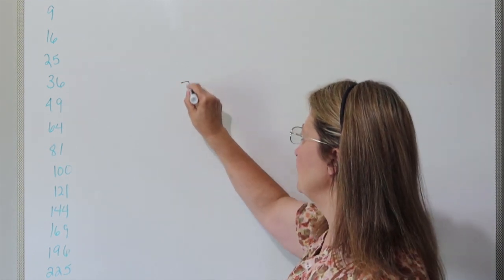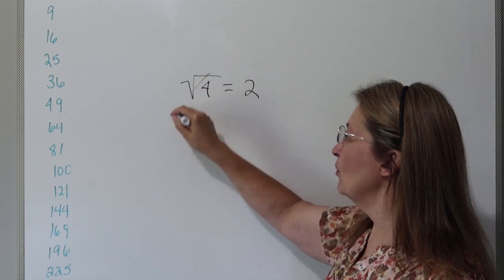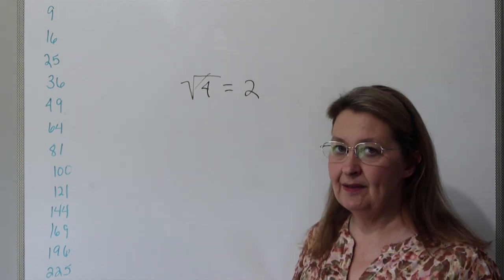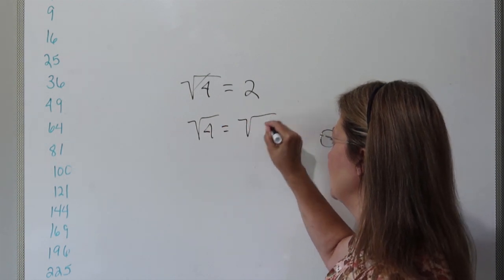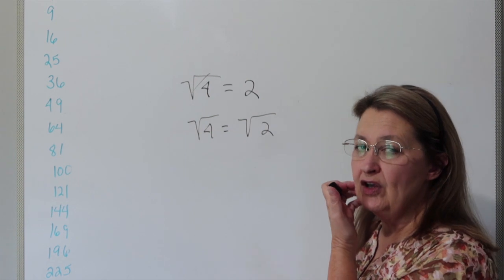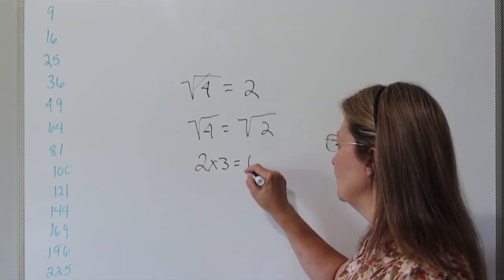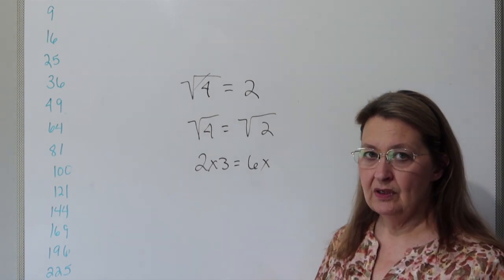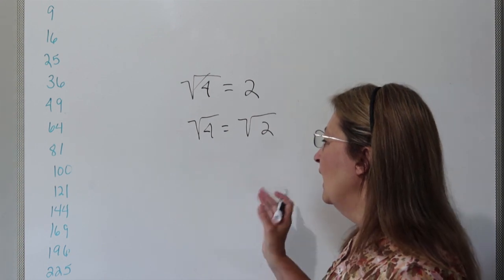And I want to warn you about one more common little mistake. When you take the square root of a number, when you've performed the operation, you don't need that sign anymore. I see a lot of times people will, and I know you're not just thinking, put that square root again. No, once you do the operation, you don't need the sign. If you've got 2 times 3, you don't put 6 times. Once you take the square root, you don't need the sign.